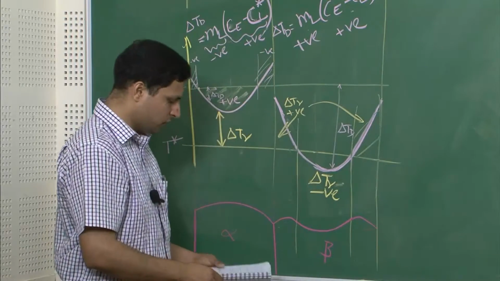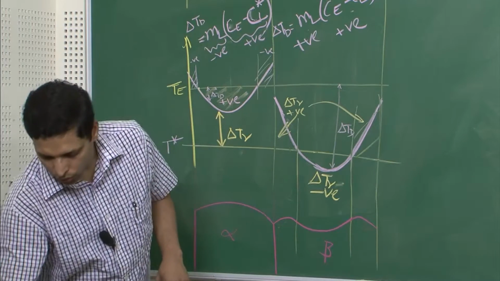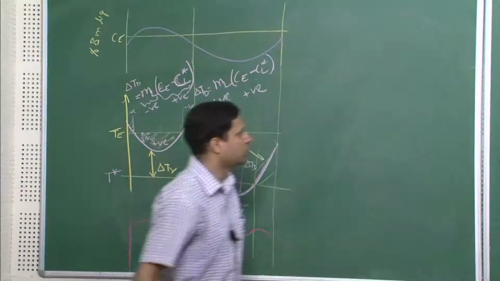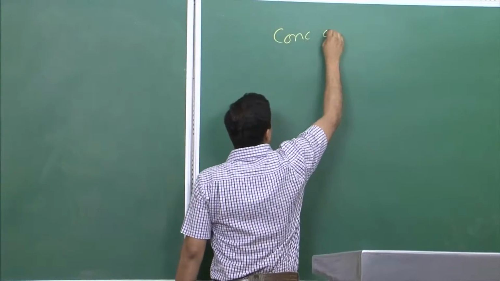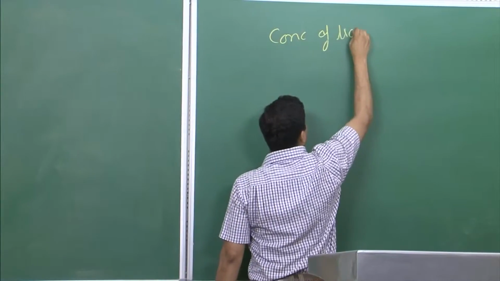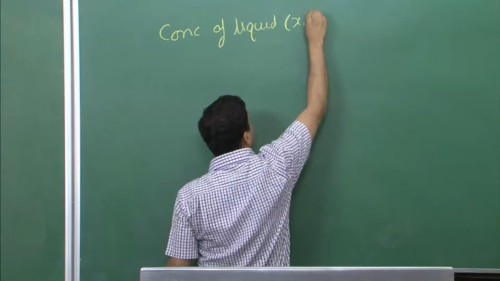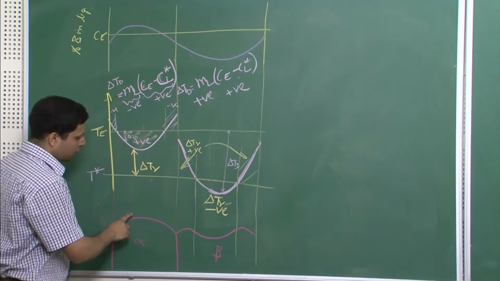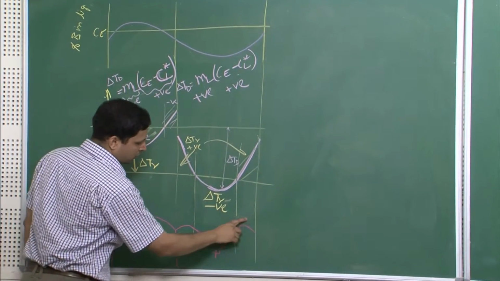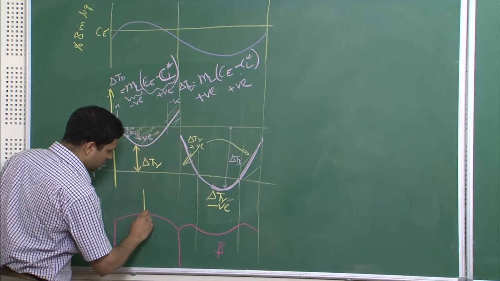Now, the next step for us is to try to find the concentration of liquid as a function of x and y. You see the concentration of liquid is varying with x, and this is the y direction. Again let me draw the coordinates.